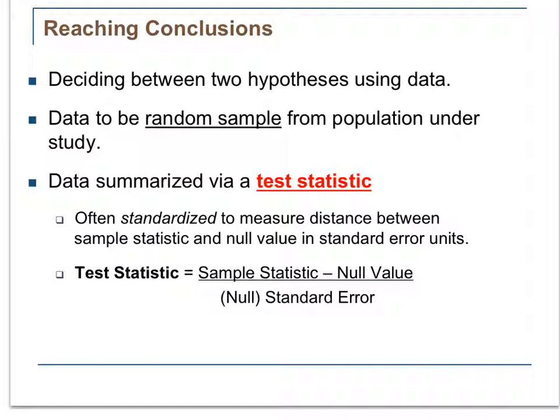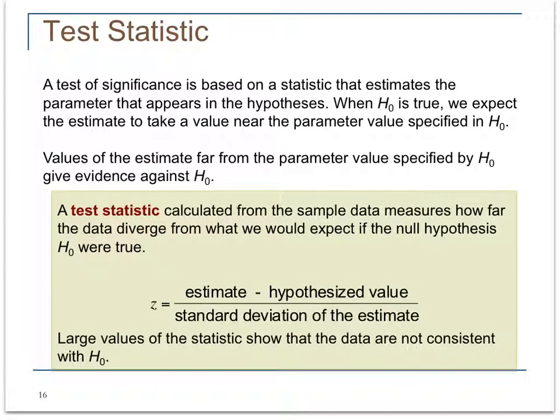In other words, the test statistic will help you pump out a p-value, and that p-value will help you make an educated guess of saying there is no way the null hypothesis can be true given this evidence we have. In this lecture, because we're calculating for a population mean, we are going to use a z test statistic, and the structure here is your estimate minus some hypothesized value of interest, divided by the standard deviation.